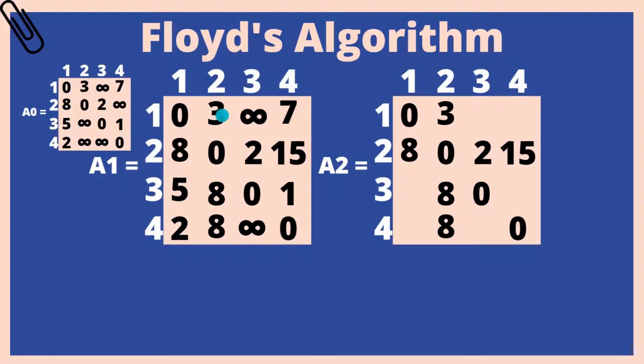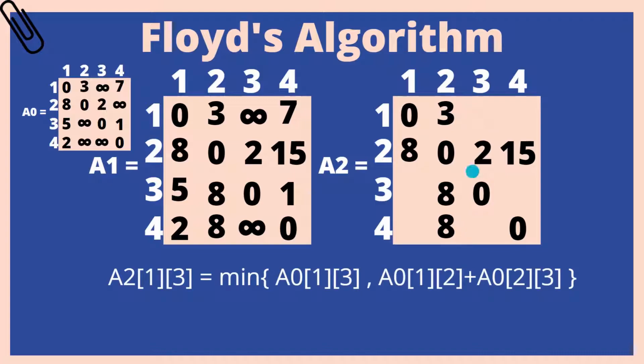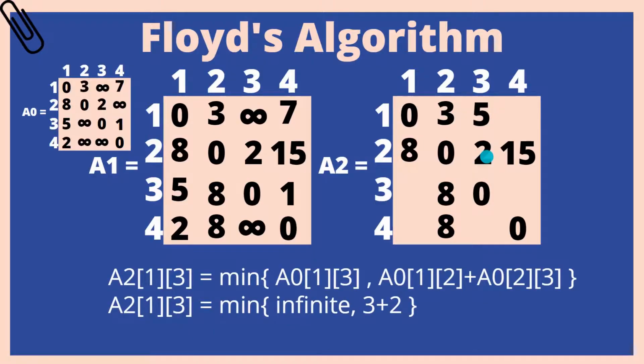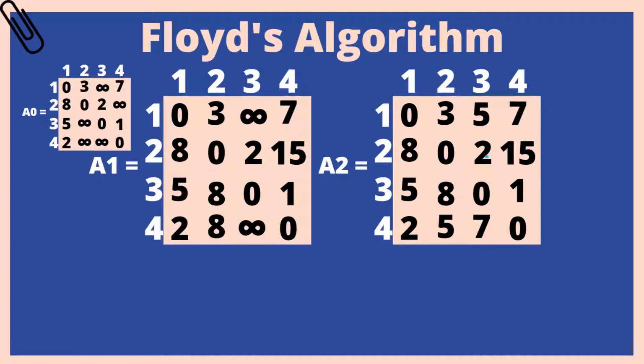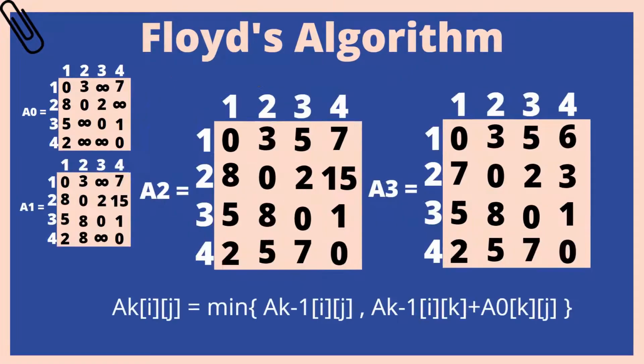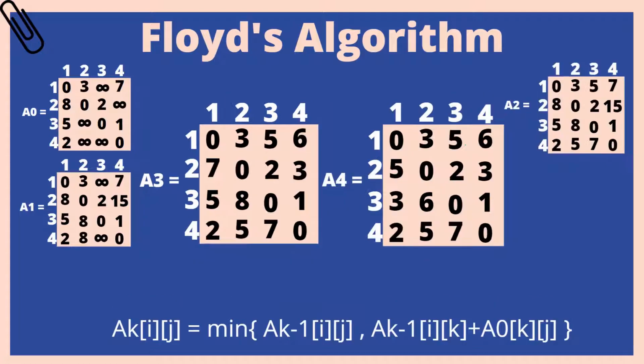If we go via 2, then 1,2 is 3 and 2,3 is 2, that is 3 plus 2, 5, which is less than infinite. So we are going to put 5 over here. Similarly in all the other cells also we are going to do the same. So now moving further for A3, we are going to take help from A2 and we'll fill the A3 table. And similarly for A4 also we are going to do the same.